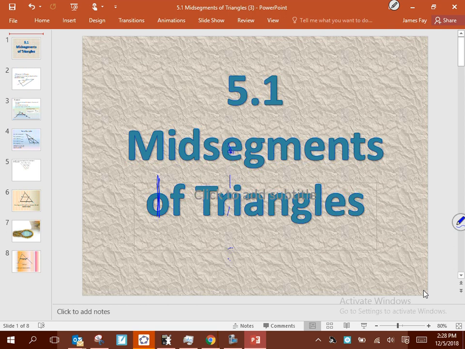So what this chapter is about is that we're going to start drawing segments inside triangles. There's going to be special requirements that need to be met to develop these segments. Then we're going to analyze the relationships between those segments and between the segments in the triangle. Okay? What I've found in the past is that there's a lot of stuff in this chapter that is completely new to you.